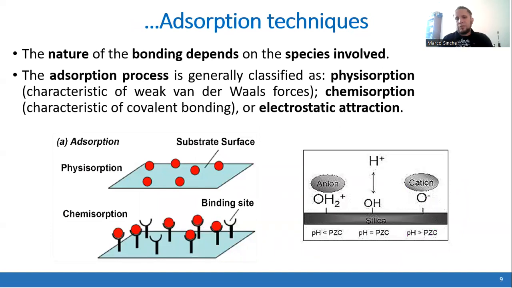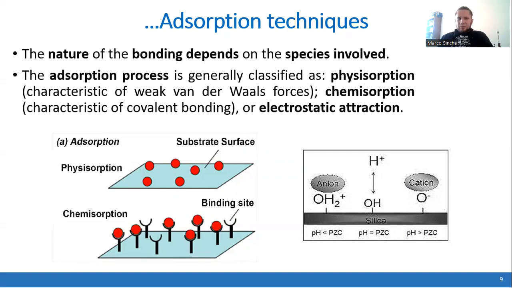The nature of the bonding depends on the species that are involved. Typically, there is a physical adsorption, also called physisorption, in which van der Waals forces are responsible for the addition of the adsorbate on the surface of the adsorbent. In chemisorption, or chemical sorption, covalent bonds are formed between binding sites of the adsorbent and the molecules of the adsorbate.